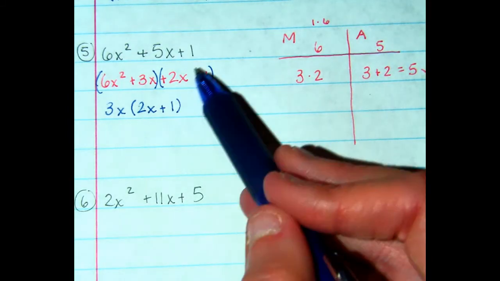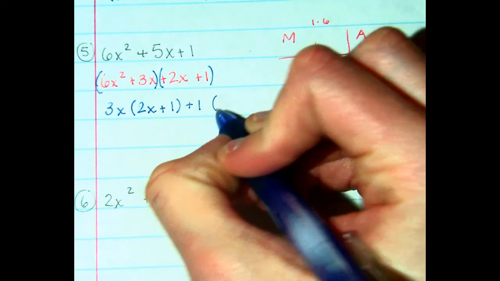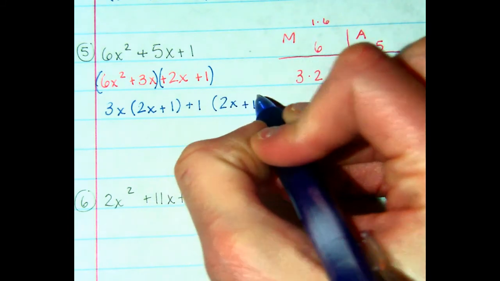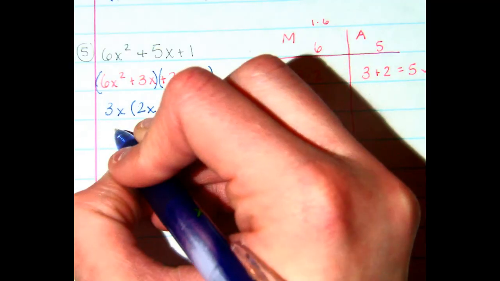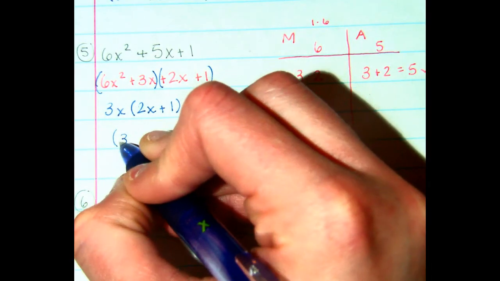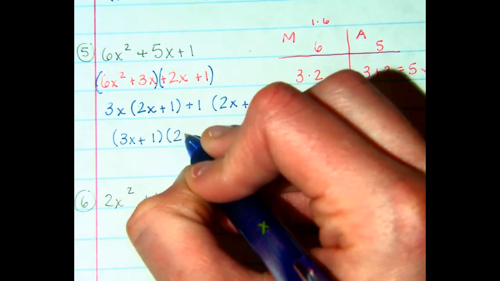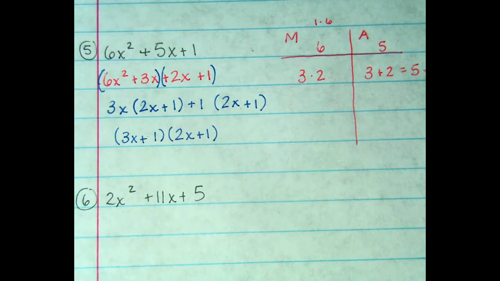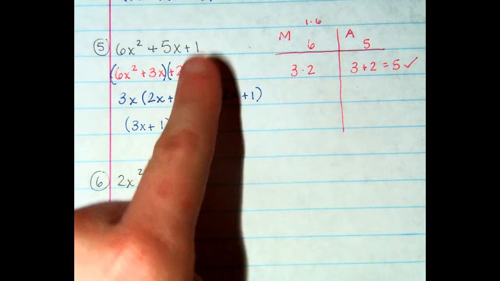Oh, they match again. So what does that mean? Plus 1, 2x plus 1. Alright, now what do I write? 3x plus 1, 2x plus 1. Yeah, I put a 3 instead of 2 on accident. But remember, it all depends on how you write it.